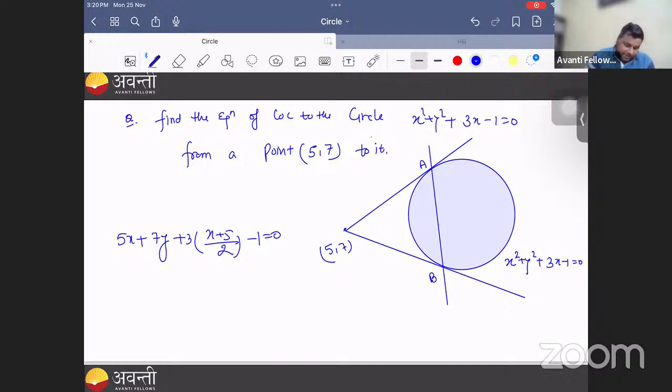Now, just multiply it by 2. You get 11x plus 14y plus 13 equals to 0. Got it?